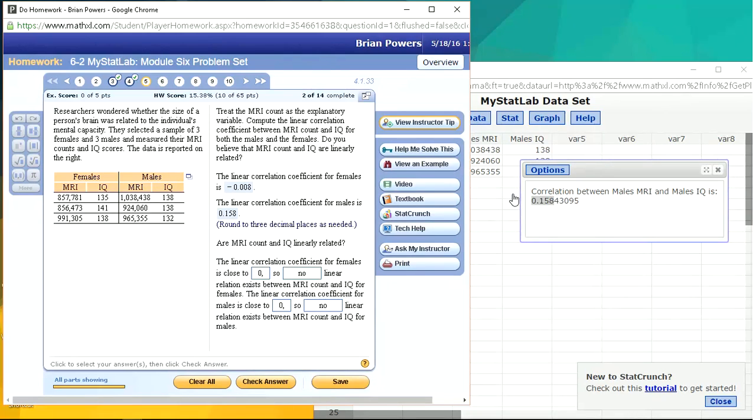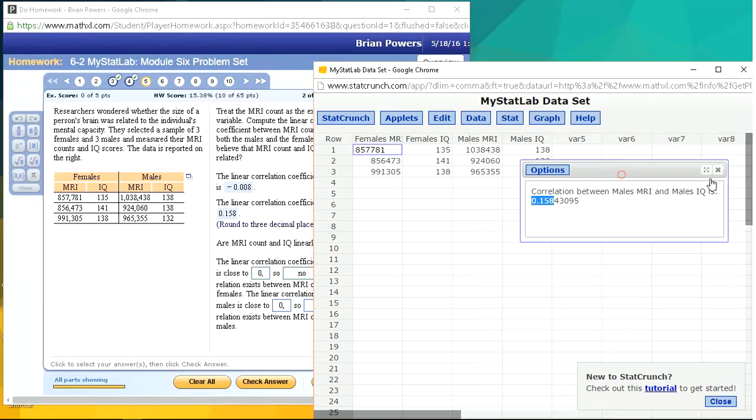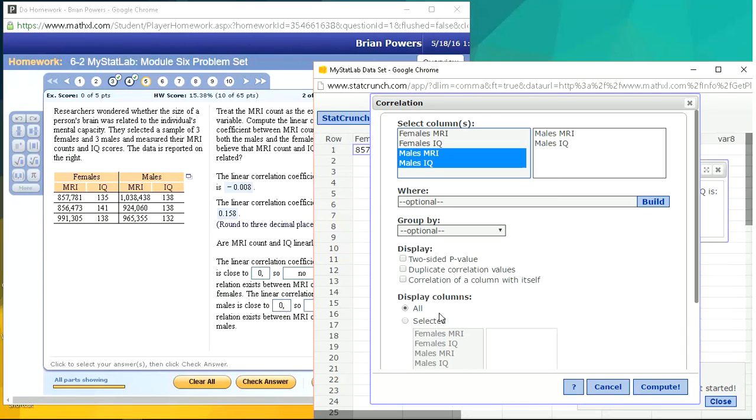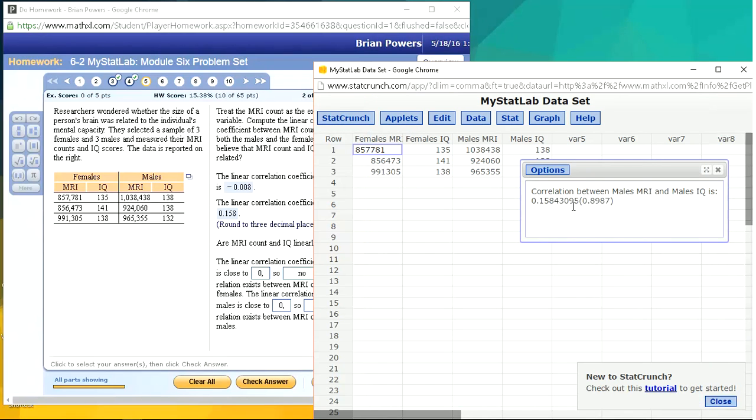In order for there to be a linear relationship, you'd really need to have much stronger correlation, especially with 3 points of data. If I could go back and include the two-sided p-value, the p-value of 0.8987, remember, a p-value in this case is measuring how likely it is that there's no linear relationship.